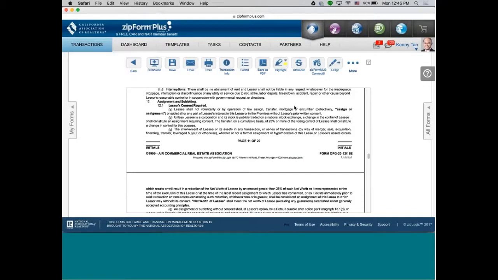What does prior written consent mean? So if you have been approached by someone to purchase your business, as part of the purchase, they need to receive assignment of the lease.